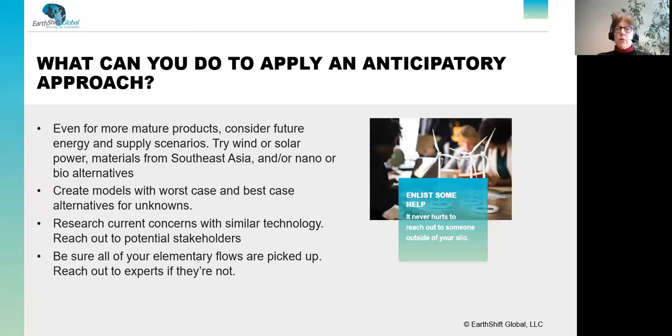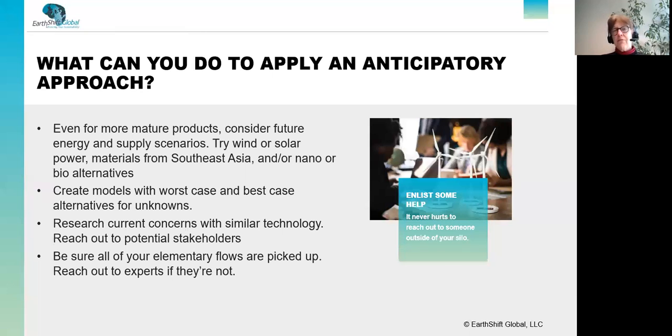So as I said, with the 3D printing study, we looked online for, what are the issues with 3D printing. But your best bet is to do some stakeholder outreach. I think a good place to go for stakeholder outreach are the nonprofit groups, the NGOs that are interested in your industry.